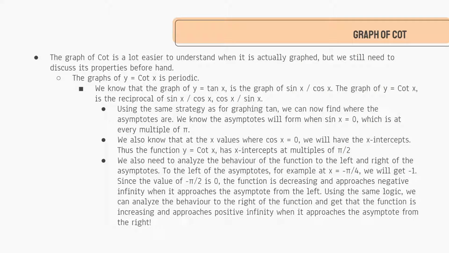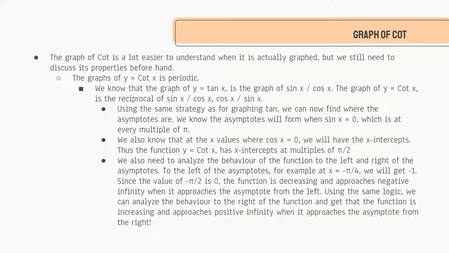Now that we have negative pi over 4, the answer should be negative, and so we get negative 1 as our point. So we have the point negative pi over 4 and negative 1.